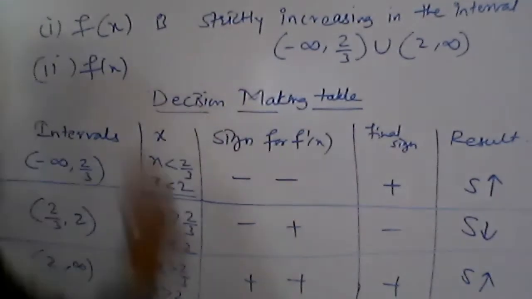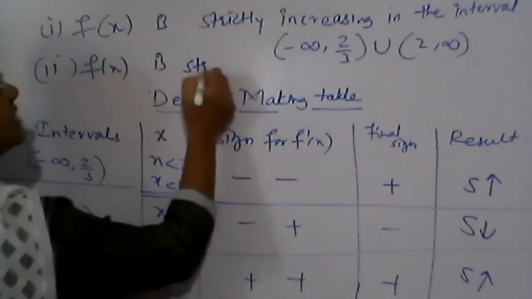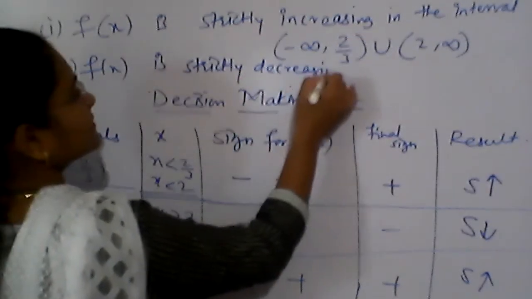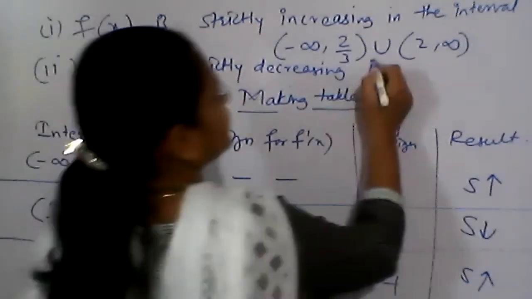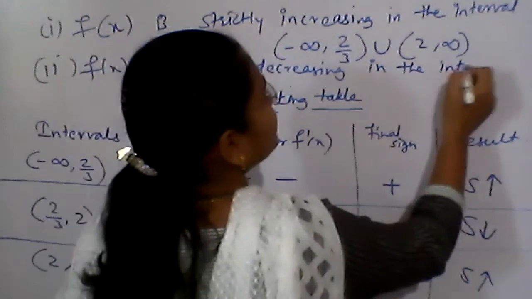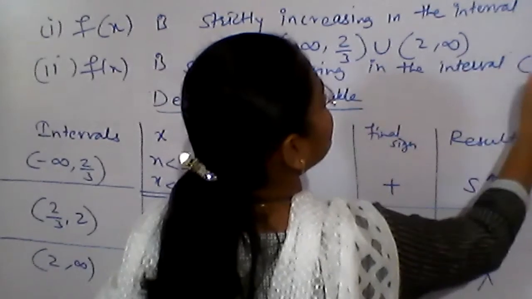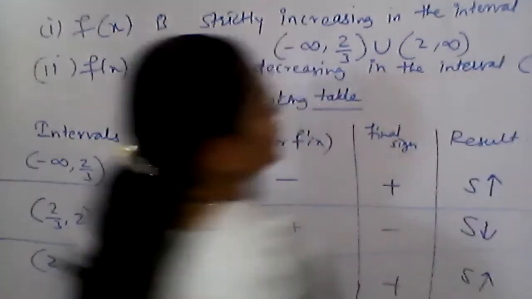So f of x is strictly decreasing in the interval 2 by 3 to 2.